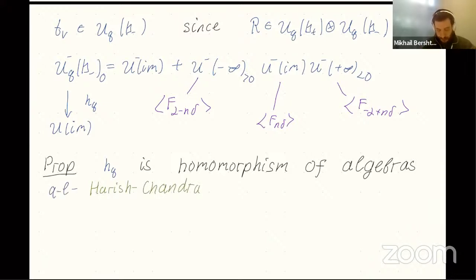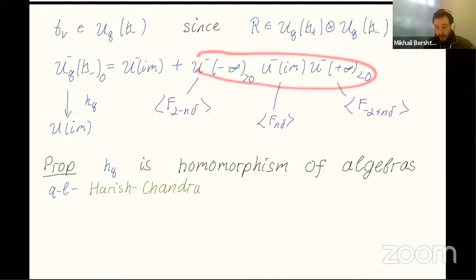So we work in two different situations, and also the loop situation. The proof is the same as in the standard case. So if we have any element, we should say that this is an ideal.